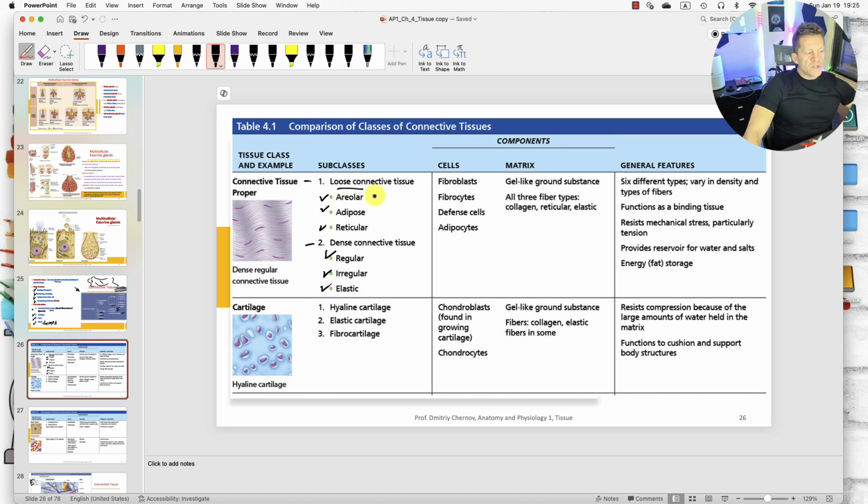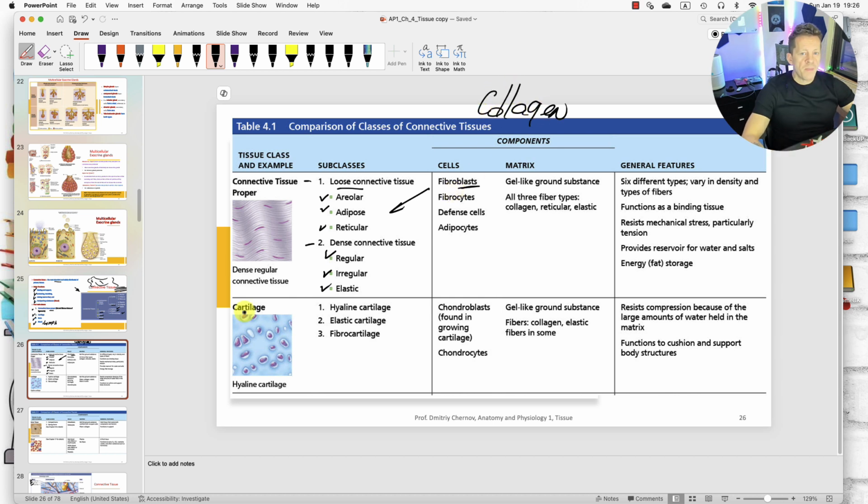Within the loose connective tissue, we did not discuss this, but let me introduce it. Maybe I mentioned the type of cells that make up this type of tissue. The suffix blast means that the cells are immature, let's say stem cells, so they're making new cells. So fibroblasts are making collagen.